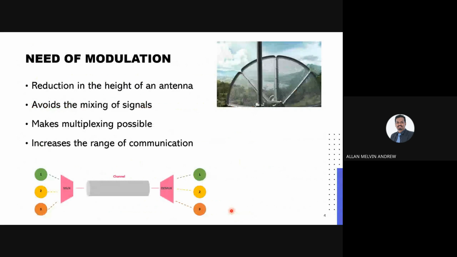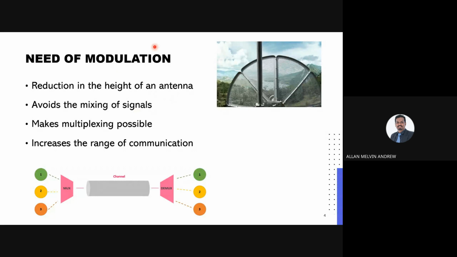So, the need for modulation. First, reduction in the height of the antenna. When we are transmitting, we transmit from the transmitter to the receiver, from the sending antenna to the receiving antenna.